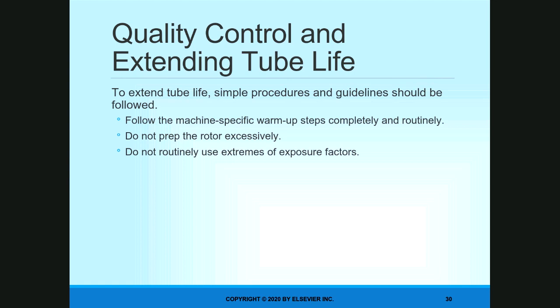It'll wear unevenly where the heat is created, and the excessive time factor can actually wear out the bearings in the rotor. So just making sure that we're using the equipment appropriately and following proper guidelines is important to making that tube life last as long as it possibly can. We can extend that tube life.